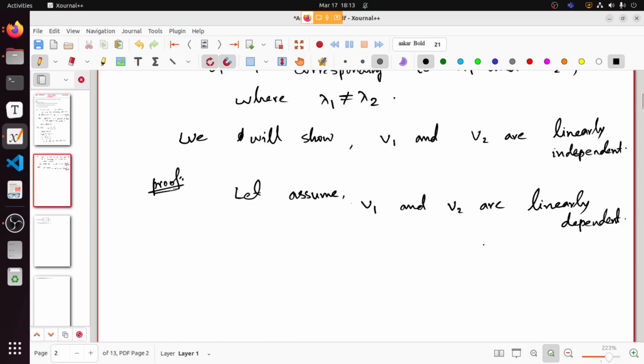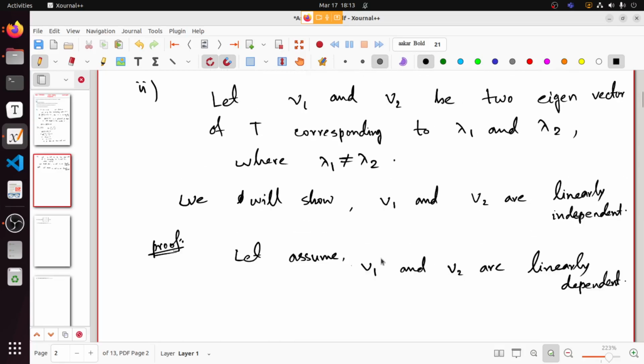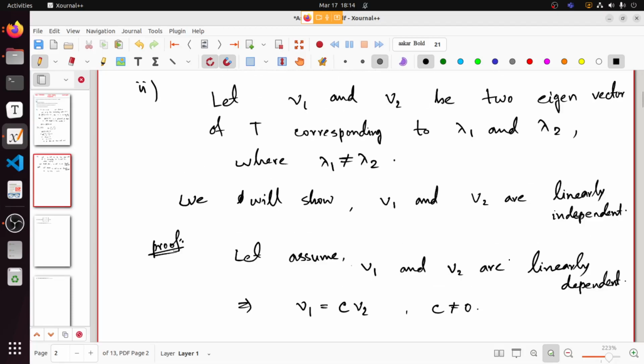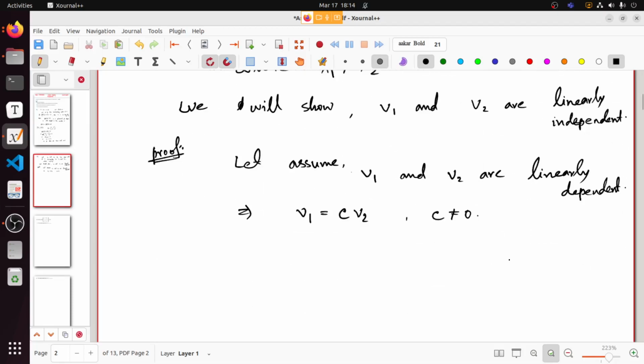Since these two are eigenvectors, they are non-zero. Then v1 will be c times v2 for c non-zero, because if two vectors are linearly dependent, one is a multiple of the other. We know these are eigenvectors of T, so let's apply T.